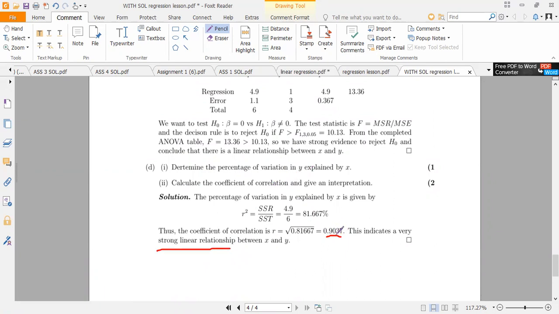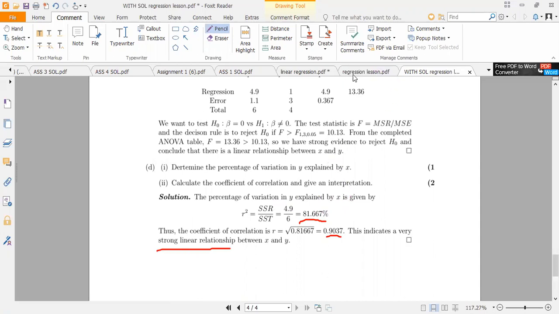When we square this answer, we get our r squared, which is our coefficient of determination. So when we square this answer, we get 81.667. To interpret that, it says that 81.667 of the variation in y is explained by the variation in x.